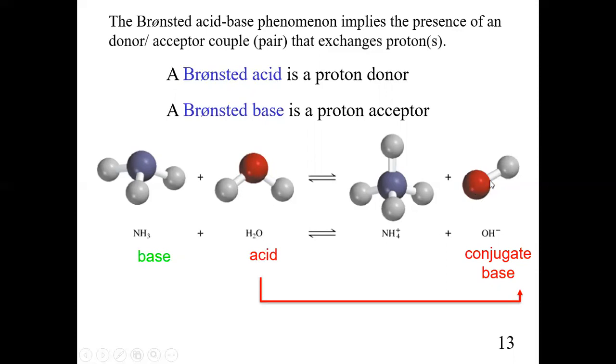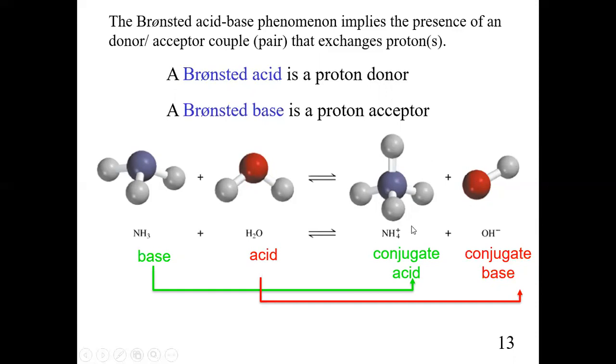In the reverse direction, this OH minus picks up a proton from the ammonium, so it's acting as a base in the reverse direction to become water. And our base, ammonia, has become ammonium, which is my conjugate acid.